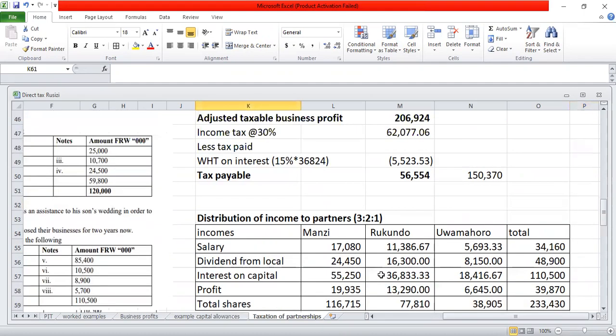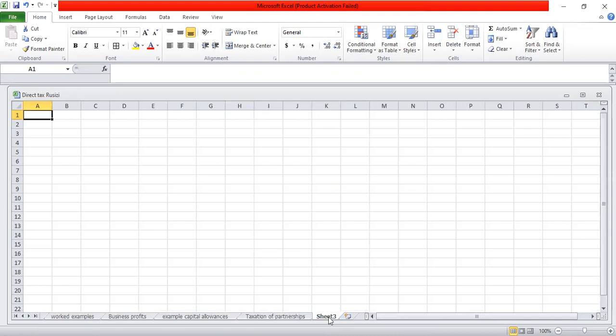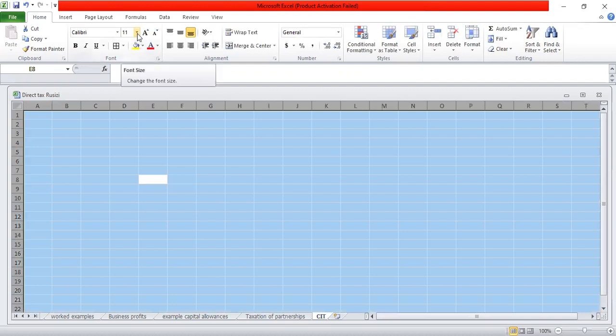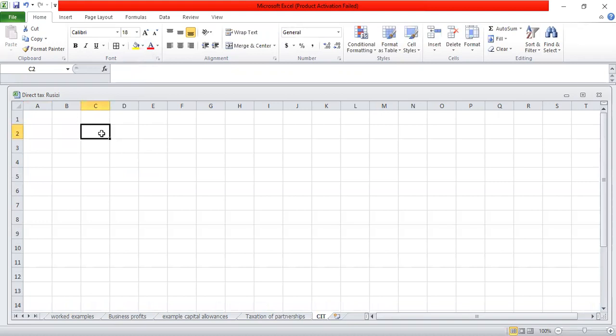So we can go to the next part, which is now corporate income tax, which is a sure deal question.